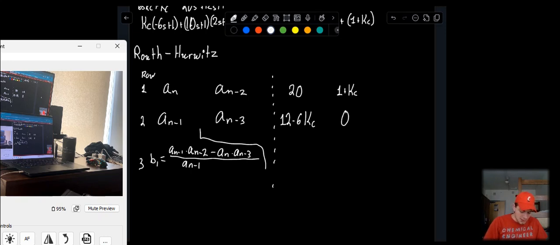So in this case, what we need to do then is go ahead and do this manipulation here. So obviously an times an minus 3 is going to be 0, and we're left with 12 minus 6 kc, 1 plus kc over 12 minus 6 kc. So obviously that's going to cancel out, and we're left with simply this term right here as our b1 term.